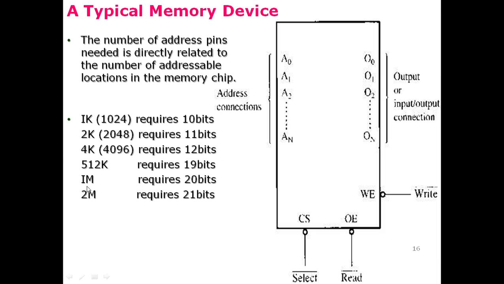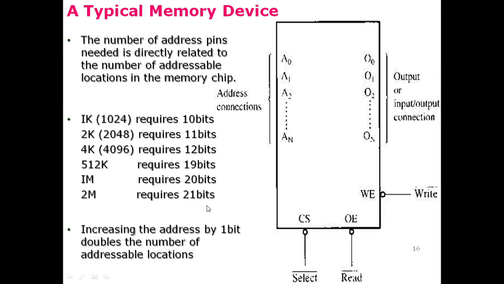And if the memory has 1 mega locations, as was the case for 1 megabyte of memory in the 8088 microprocessor, where all of the memory is organized in a single bank, externally we have 1 mega addressable locations in total, and that requires 20 bits of address. And if the memory locations are doubled, that means 2 mega locations, then that would require 21 bits.